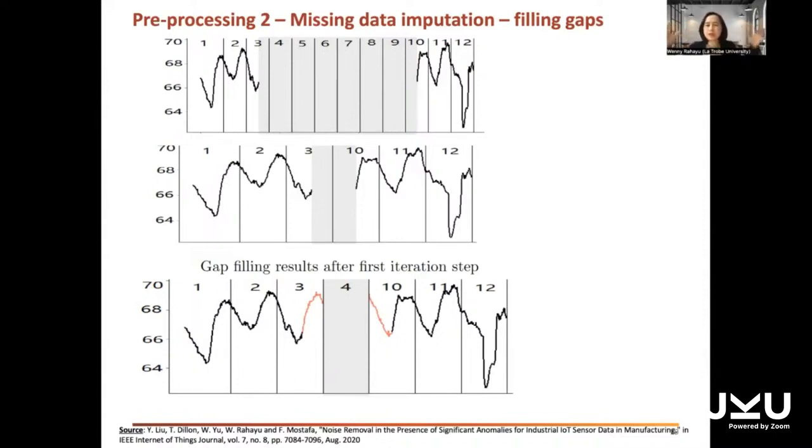Now, if the gap is very big, this becomes very inaccurate, because filling a big gap using that technique in one go is very hard.